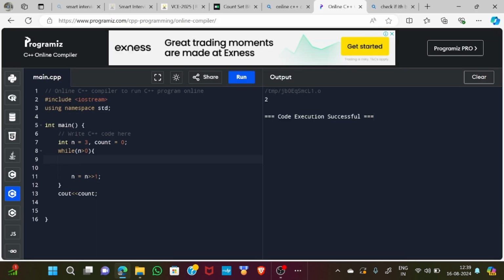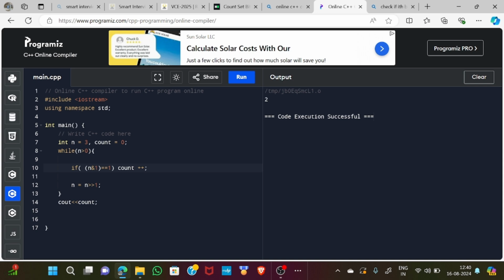Coming to the main part, what we will do is, if n AND 1 is equal to 1, we increase the counter by 1. So count plus plus is nothing but count equals count plus 1. Now let's check. We are getting 2.